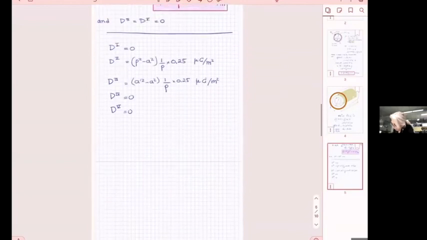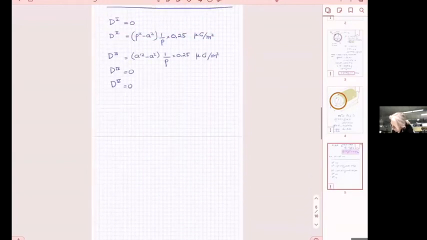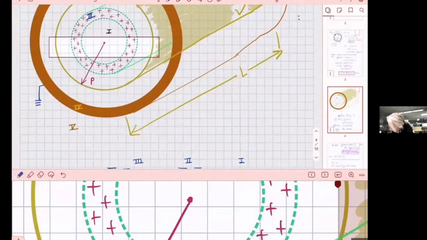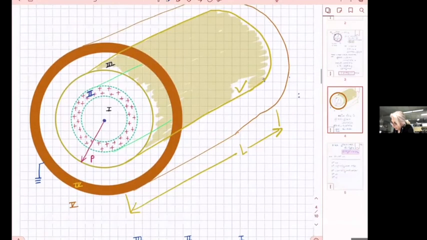Now, if we want to plot them, how are we going to plot them? In terms of rho, obviously, because that's the only thing that varies. If this is rho, and this is 0, 0 is at the center.